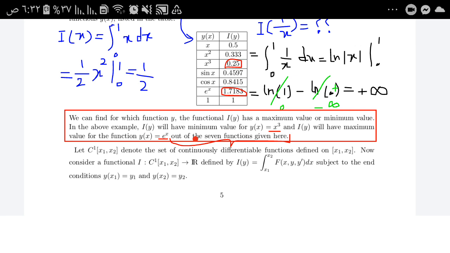In the next part of the course, we will learn how to obtain the minimum function and the maximum function for a functional. Not the minimum number, the maximum number, but the minimum function and the maximum function.